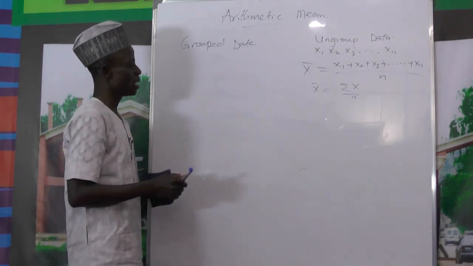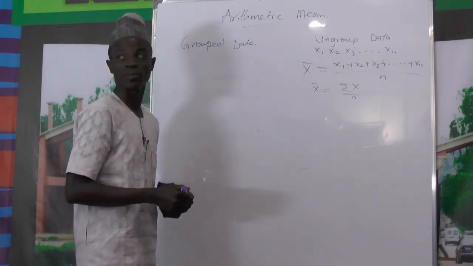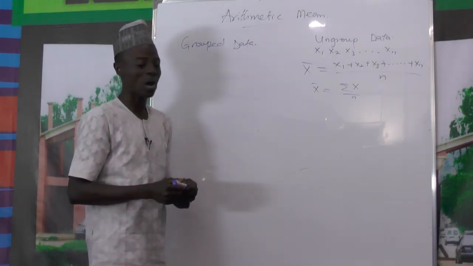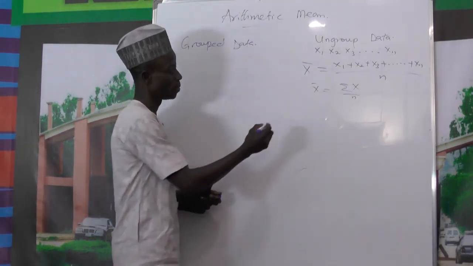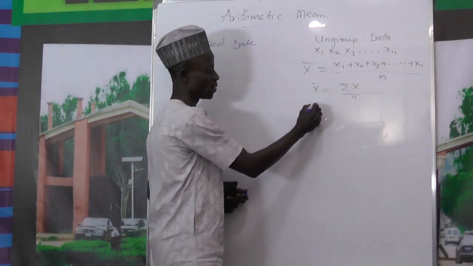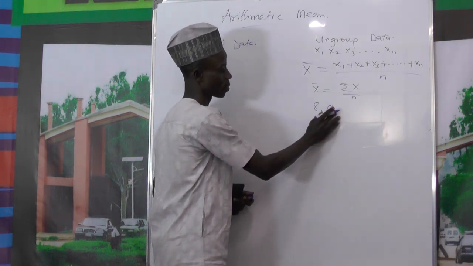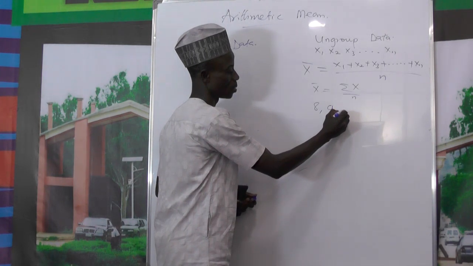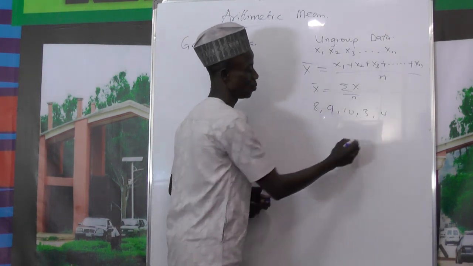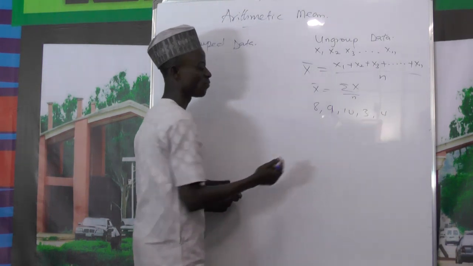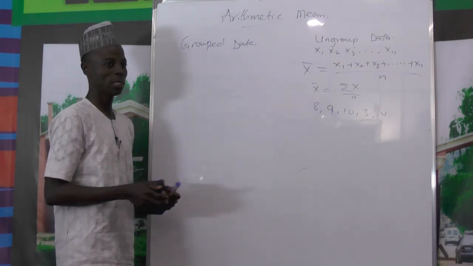Let's cite an example for this. For example, when we say we have 8, 9, 10, 3, 4. We have 5 observations and we're asked to compute the mean.